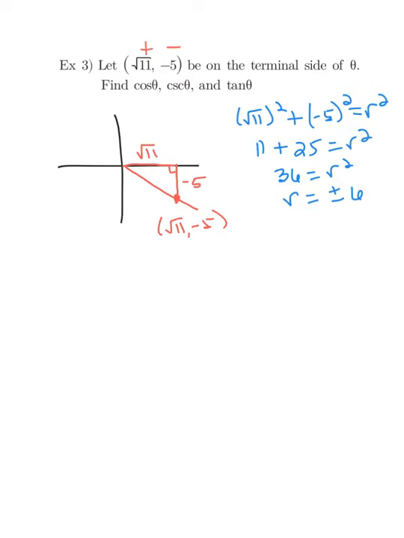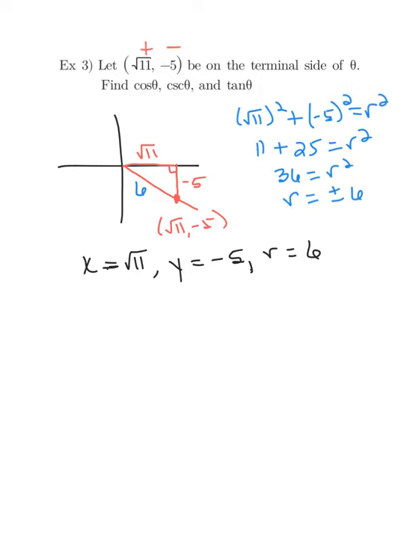Think about what we said about r. R is a radius. Radius must be positive. So the hypotenuse of this triangle that we just came up with is 6. So we now know that x equals square root of 11, y equals negative 5, and r equals 6.